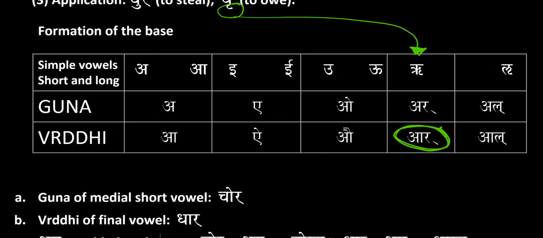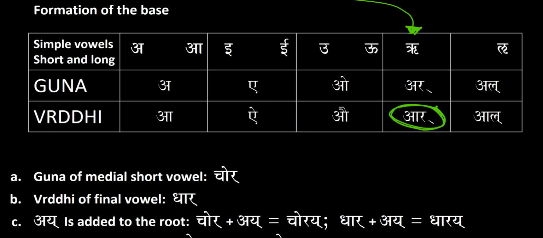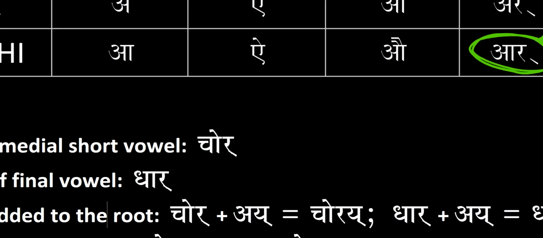After you take guna or vridhi, then i is added to the root. So we have chod plus i is going to give us chodai. Now, if we were just adding ya, then this would be chodya. But we're adding i, so it becomes chodai.